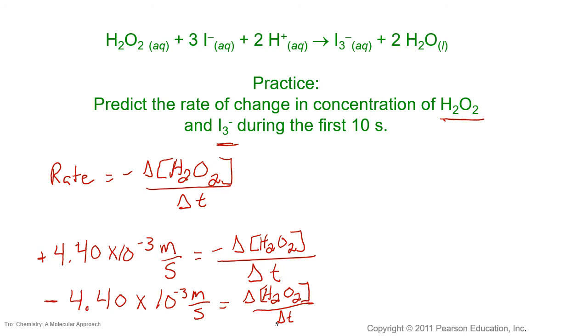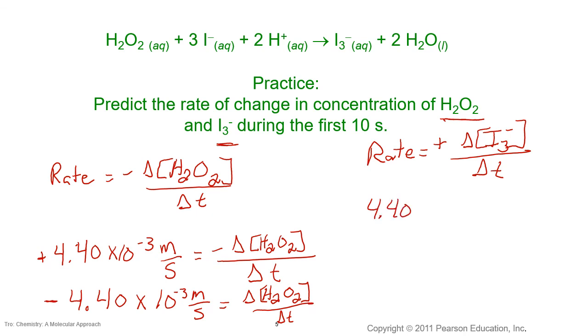Okay, how about our I3 minus? Now this is a product, so it's going to be positive, since it should be increasing with time. There are no coefficients. So the rate that we previously calculated in our example is 4.40 times 10 to the negative third molarity per second.